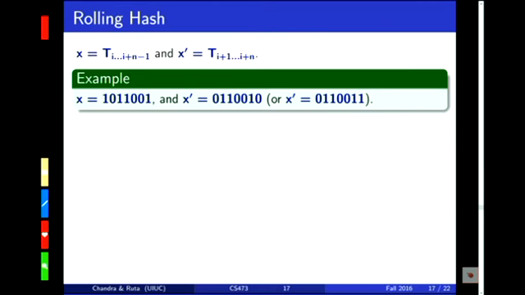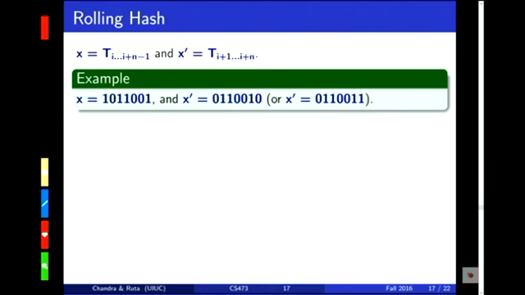Then you get x prime by shifting x one bit and adding a bit at the end. So you discard the most significant bit, the highest bit, and you add a bit at the end. The possibilities for x prime are 0 1 1 0 0 1 0 or 0 1 1 0 0 1 1. So you add a 0 bit or a 1 bit at the end.